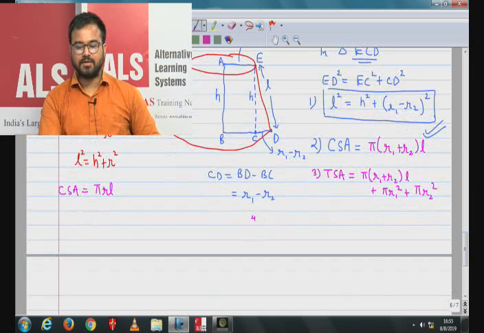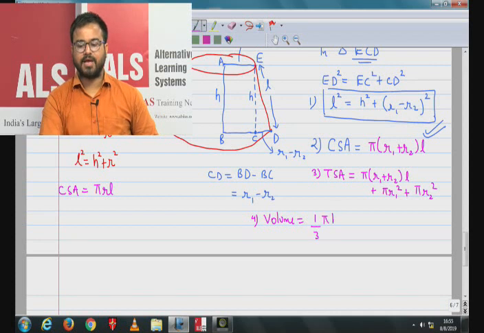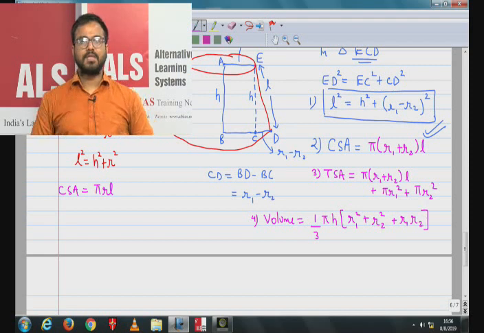And the fourth one, which is the volume. So volume of the frustum is 1 by 3 pi h (R1 square plus R2 square plus R1 times R2). That is the volume of the frustum.